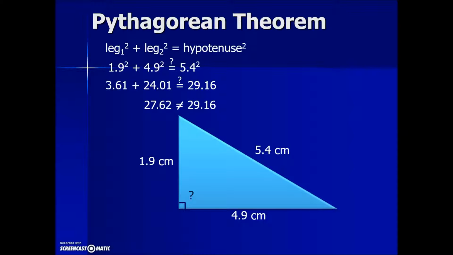Adding those together does not result in the hypotenuse measurement, 5.4 squared. When the left side of the formula does not equal the right side of the Pythagorean formula, the triangle is not a right triangle. We do not have a right angle.